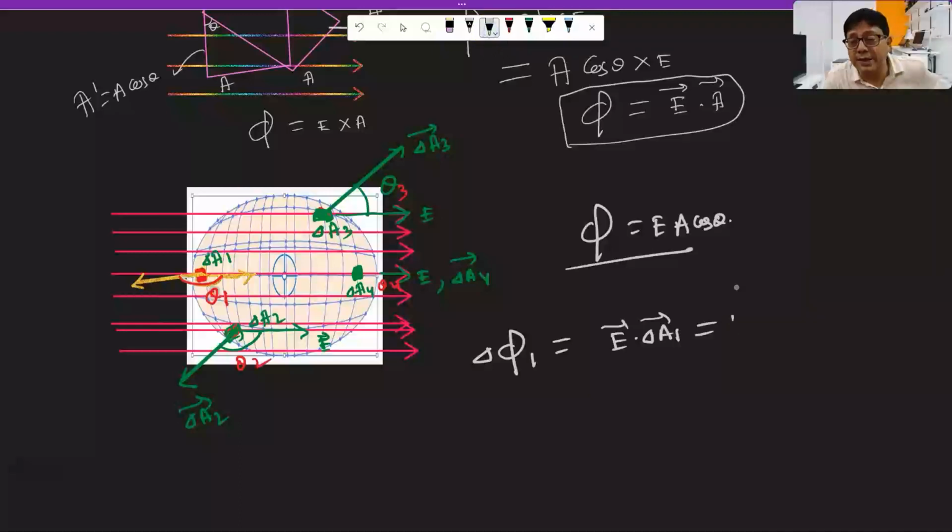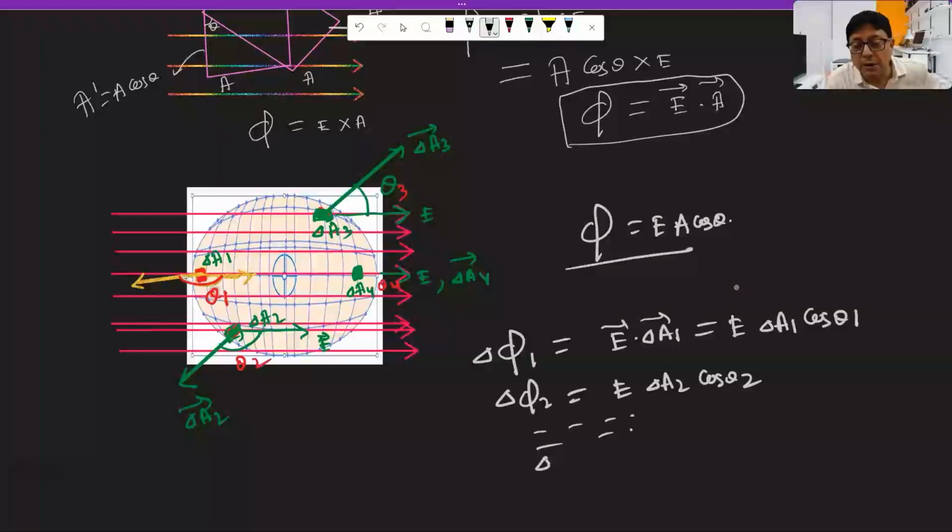You write this as E delta A1 cos theta 1. Delta phi 2 is what? E delta A2 cos theta 2. Delta phi n, E delta AN cos theta n.